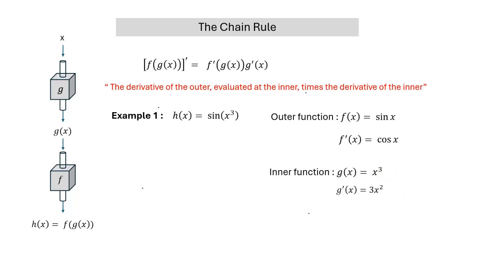So if we put that together, it should be the derivative of the outer, but evaluated at the inner. All right, so x cubed is plugged into cosine, but then don't forget to multiply by the derivative of the inner.